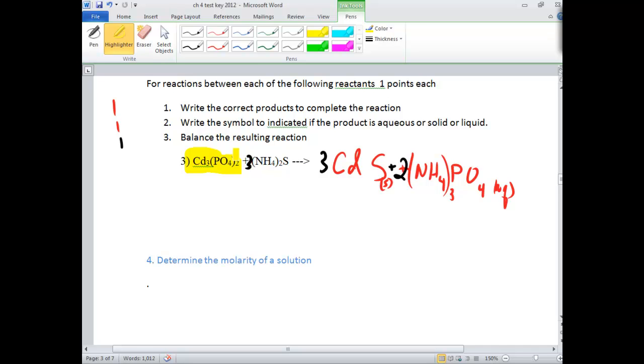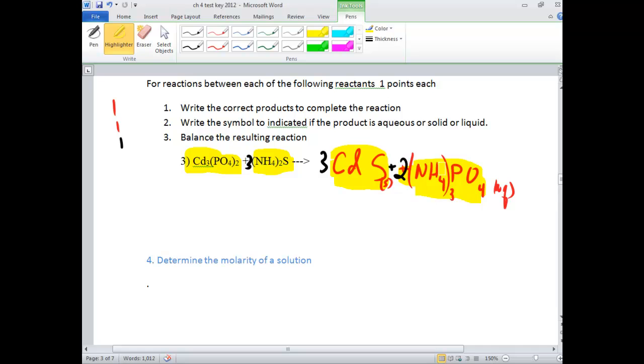So this is going to be aqueous, and this is going to be aqueous by definition. So we're going to write the correct products. Cadmium sulfide would definitely form an insoluble product, and ammonium phosphate would definitely form a soluble product, if indeed we're given that those 2 reactants are actually an aqueous solution.